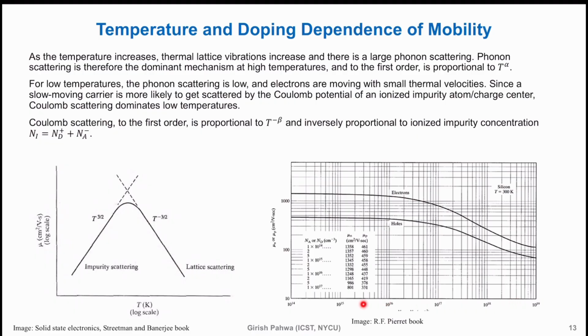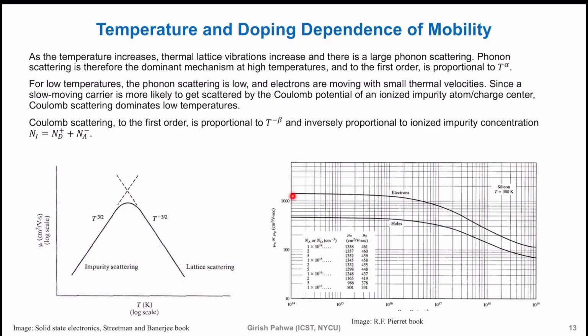So the total doping. As you can see, when I have very small doping, mobility is almost constant. Coulombic scattering is absent, temperature is constant, so you are not increasing or decreasing the phonon scattering, it's just there. So it's constant, but as you keep increasing the doping, mobility is dropping. And look at these numbers. These numbers at least you should remember for silicon.